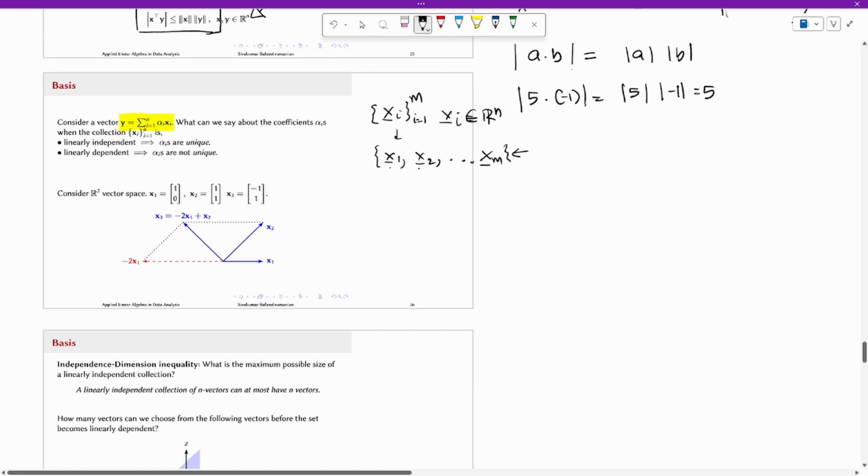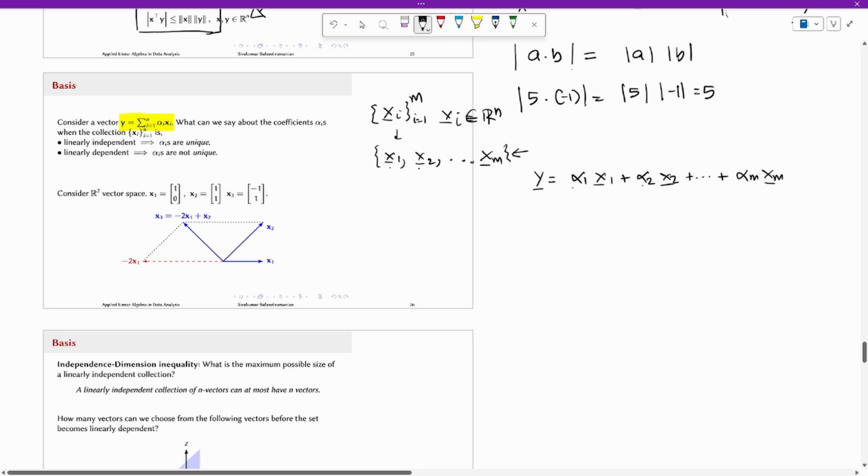Now I could ask, if y equals alpha 1 x1 plus alpha 2 x2, and so on to alpha m xm, where I've chosen some specific values for alpha 1 to alpha m, is that the only set of alpha i's that will give me y, or is there another set of values that will give me y as well?